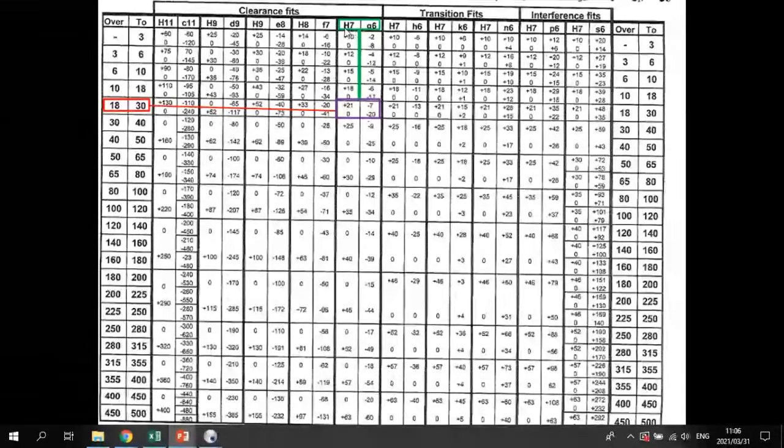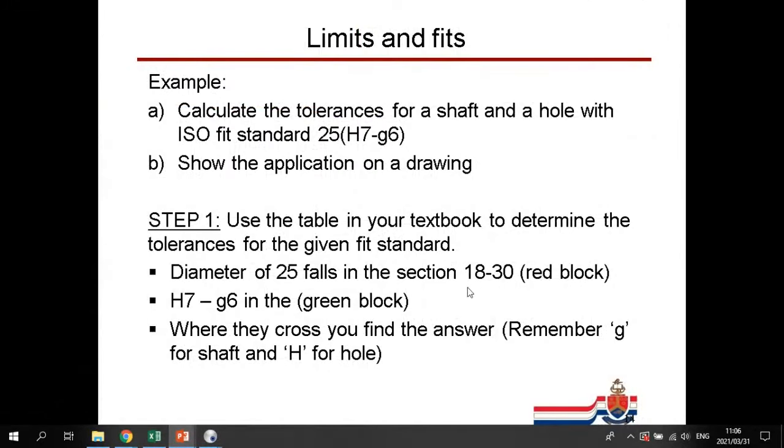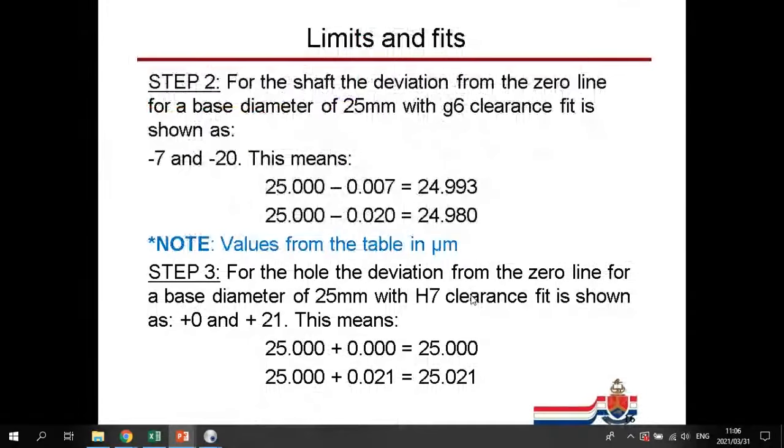So you'll see at the H, at the hole, we have a 0 and a plus 21, and at the G, the shaft, we have a -7 and a -20. So basically, what that means is for the shaft, the G6, it shows -7 and -20.